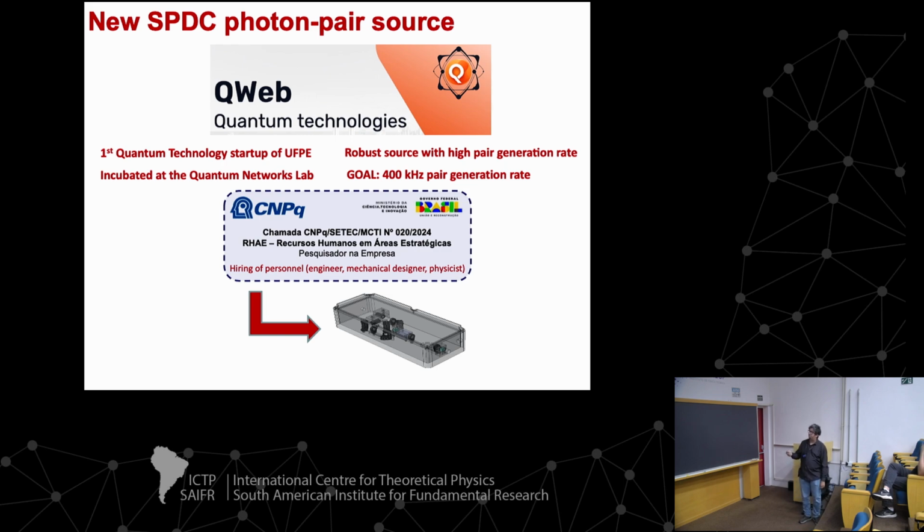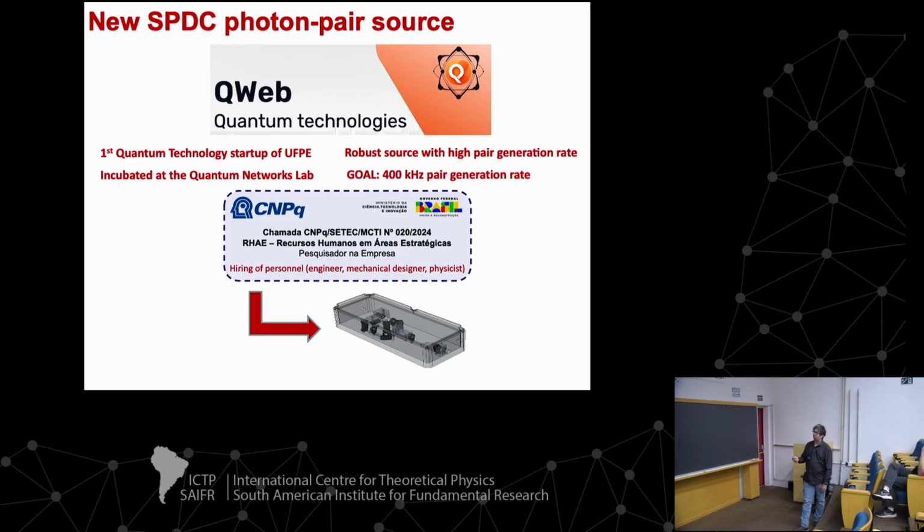And we had already some project that was approved for the company. With this project, we were able to hire engineers and mechanical designers and physicists. We got some drawings, and that's what we are fabricating now. And we're going to test, I hope, in the next 1 or 2 months to see if it's working.